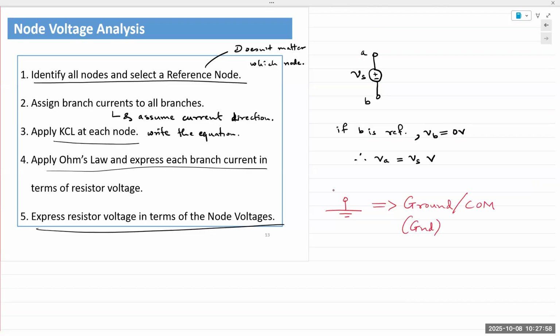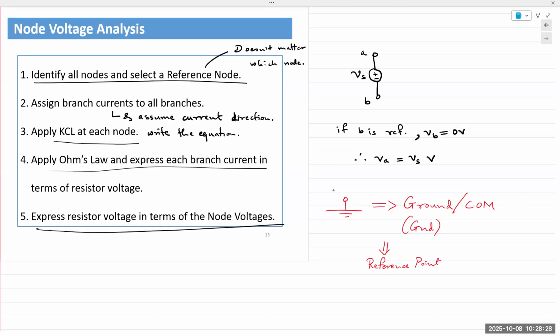More importantly, it also refers to the reference point in a circuit. More often than not, it is the negative end of the voltage source. In the homework problems and many of the circuits, you will see this symbol connected to the bottom of the circuit. And so that's the node we take as the reference node.